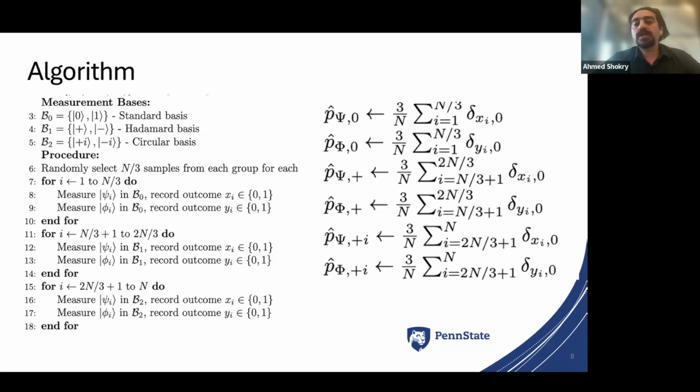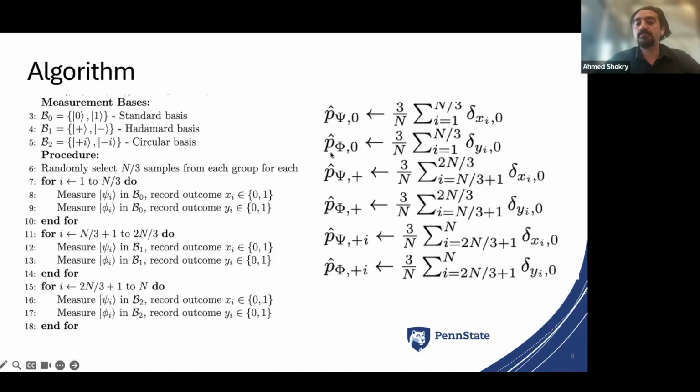And then the verifier will be able to collect some summary statistics. For example, the verifier starts by estimating the probability of obtaining 0 if it measures using the standard basis and the sample belongs to the psi group.